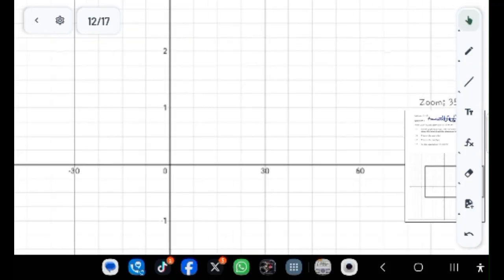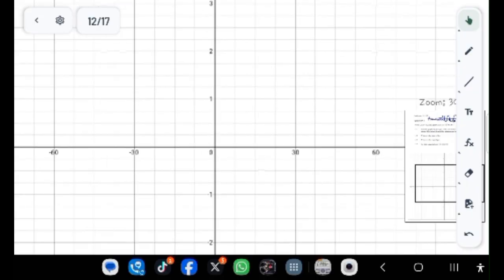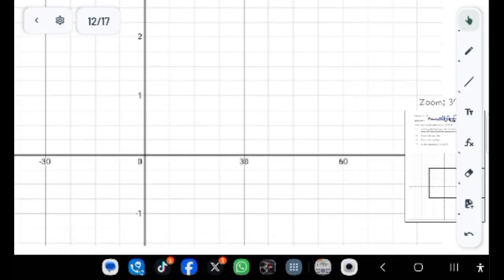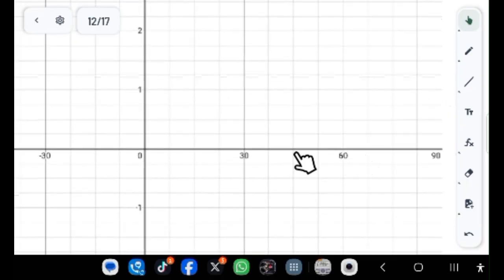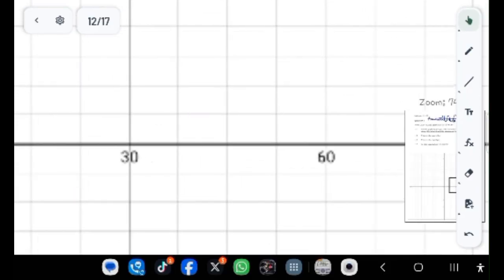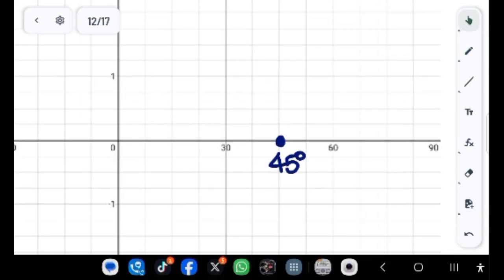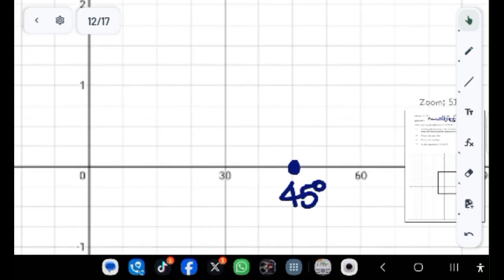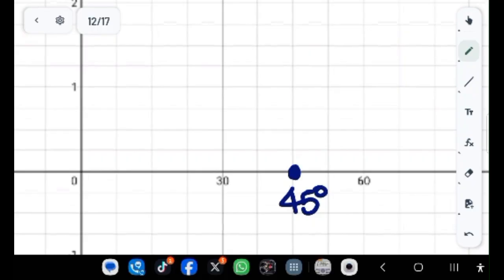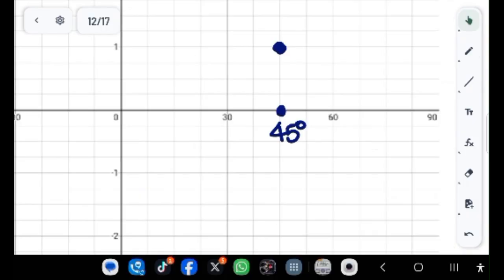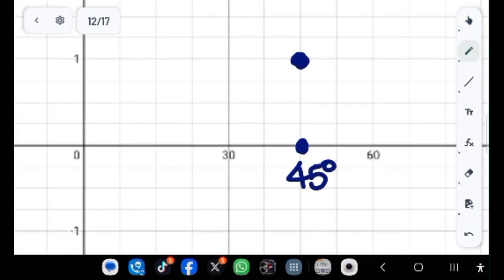At 45 degrees, where is 45 degrees? It will be somewhere in the middle. Yes, there will be 45 degrees. It will be peaking at 45 degrees. All right, so that will be 1 there. So it will be just like this.